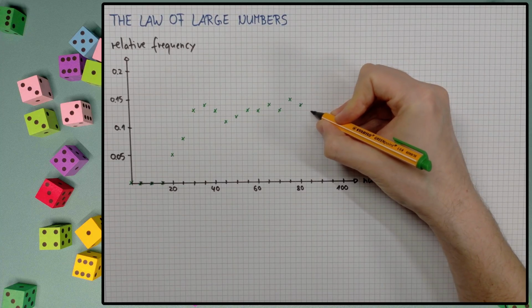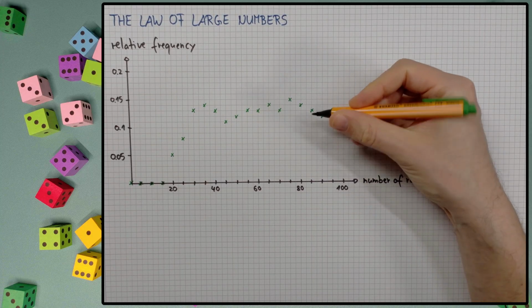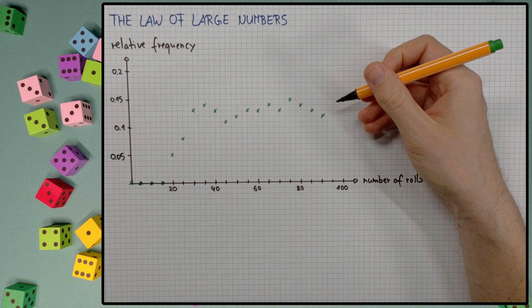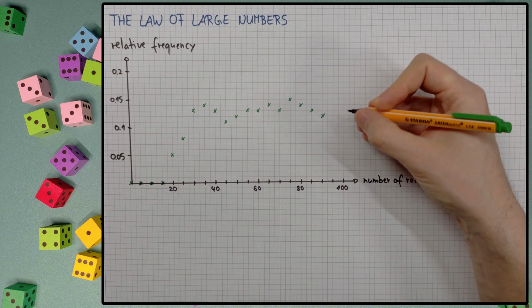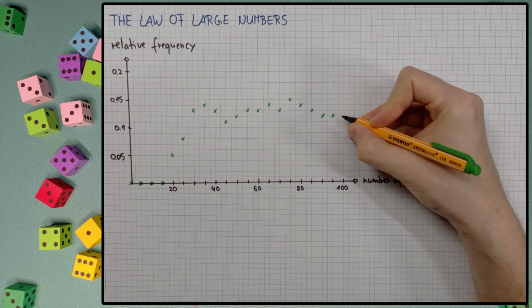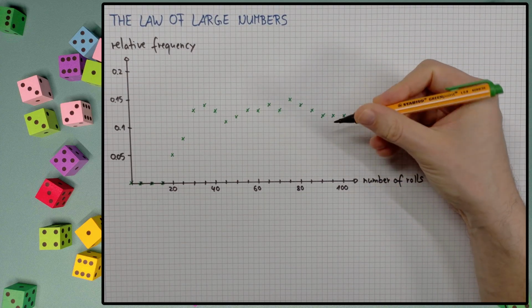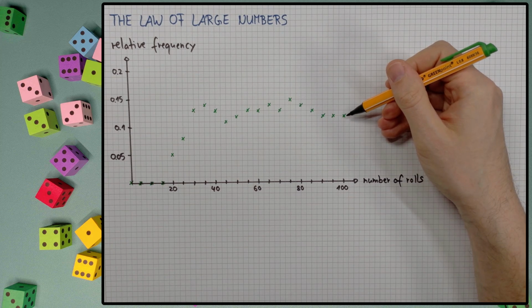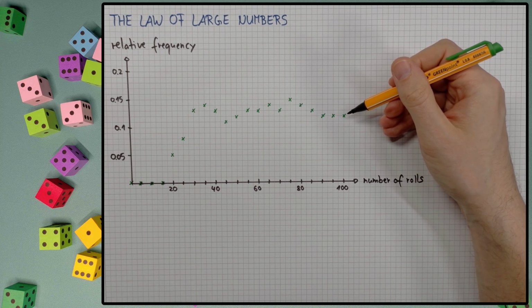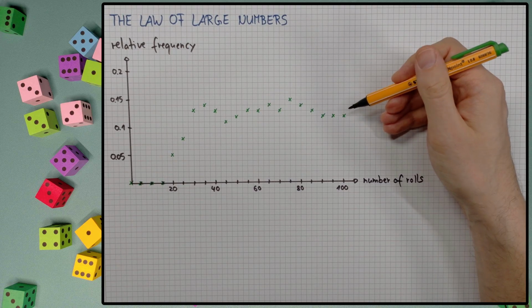And after that, we hit a streak of pretty bad luck. And we ended up with a relative frequency of 0.12.